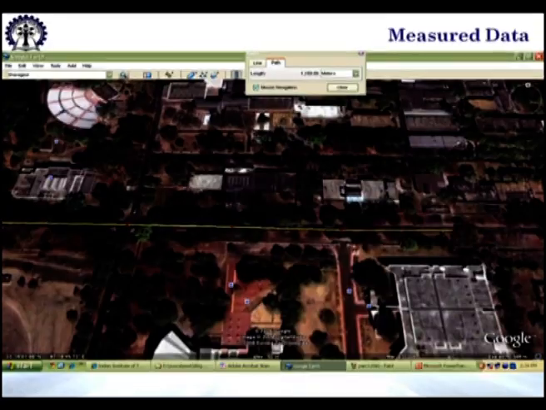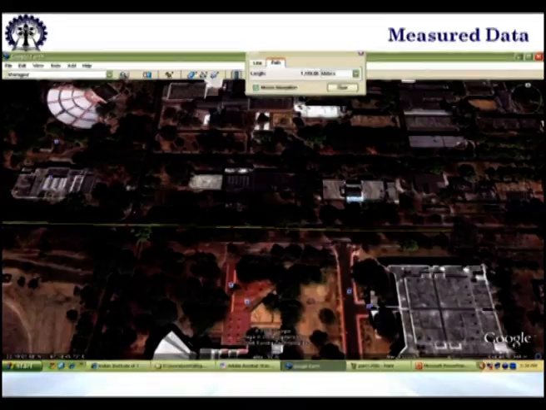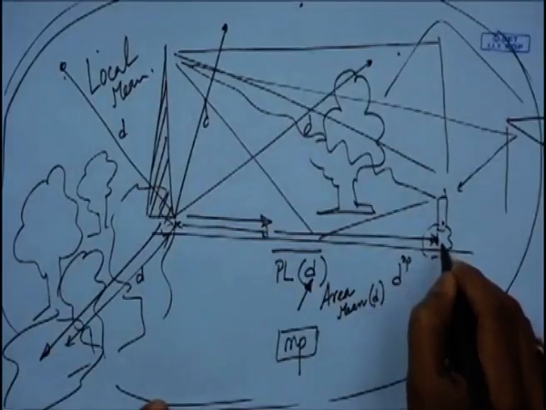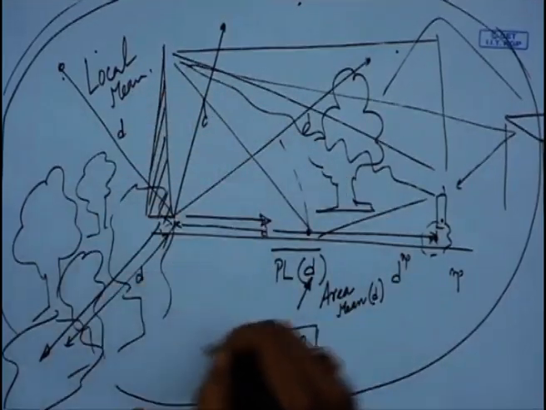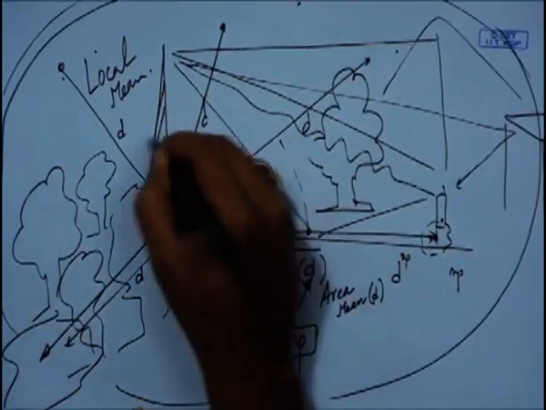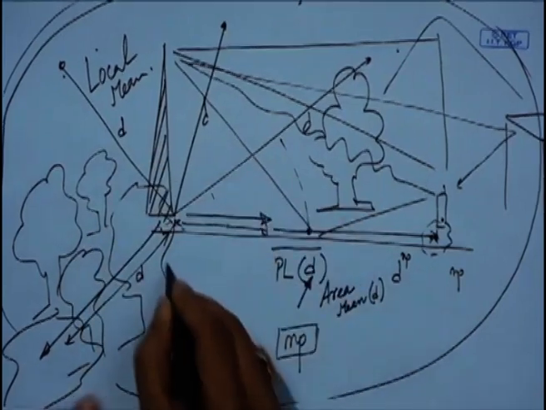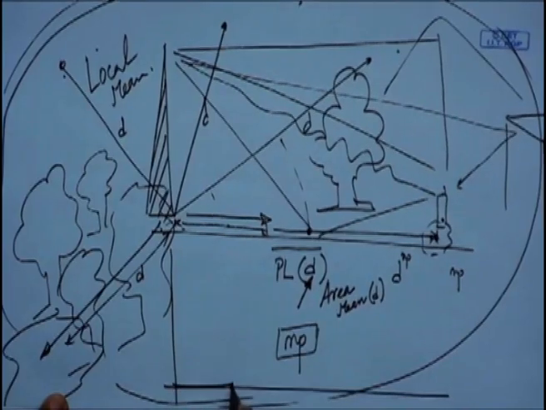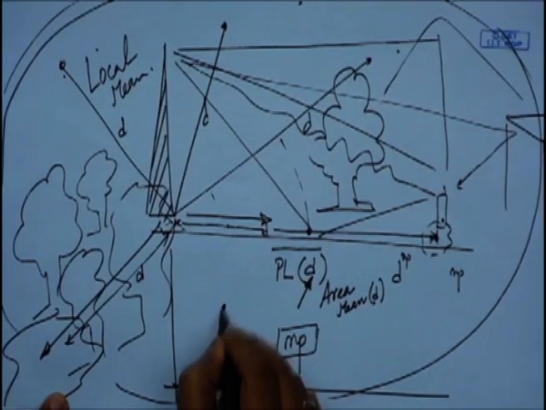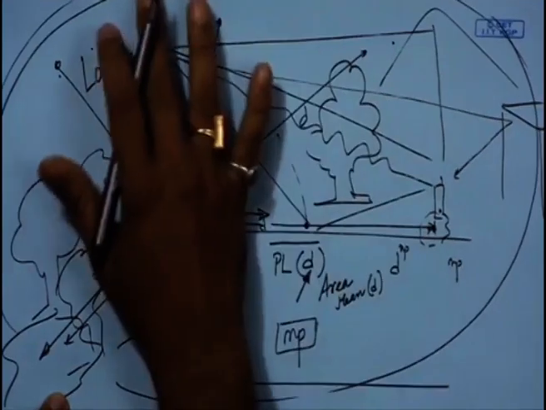Going back to our figure here, once we do it for one distance, we repeat the same exercise for another distance across this, and then at another distance. The end result is that as we increase the separation distance, at each separation distance there is a certain average received signal strength across the whole area.